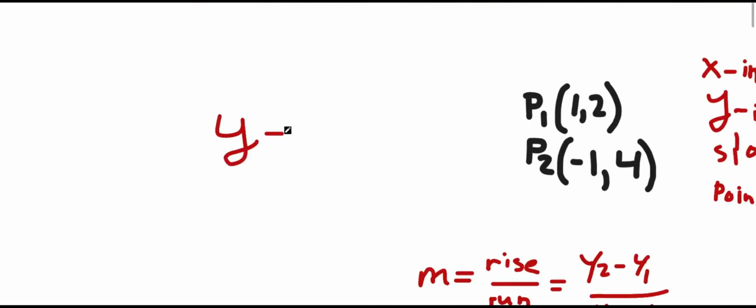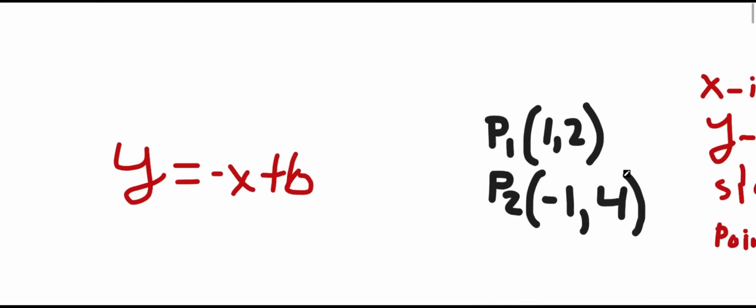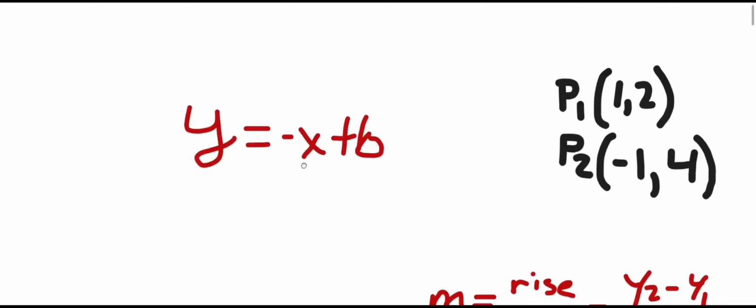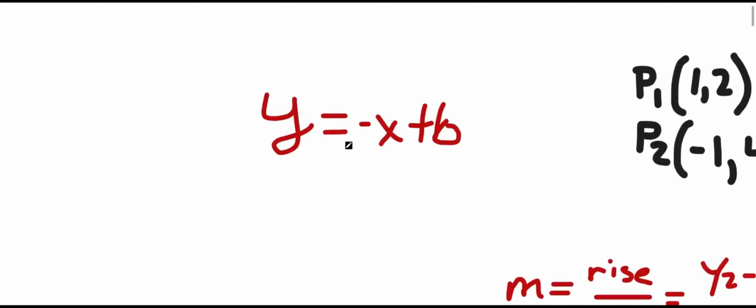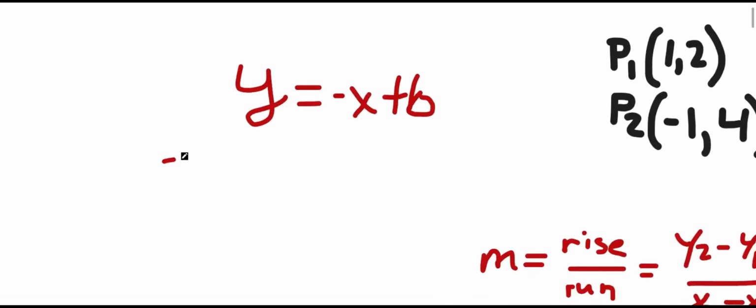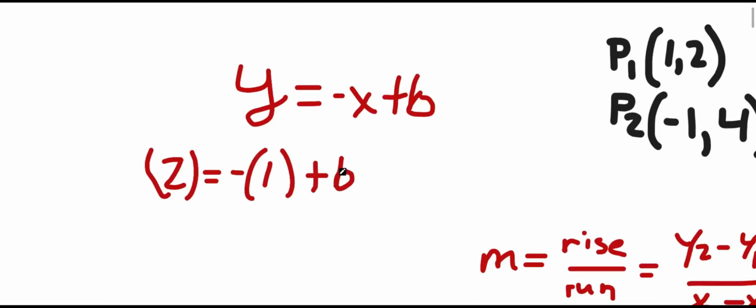So far the formula is looking like y is equal to -x plus b. So we would only have to find b. Now, in order to do this, we have to substitute one of the points' values into the formula to get b. So I'm going to use 1 and 2. So 2 is equal to -1 plus b.